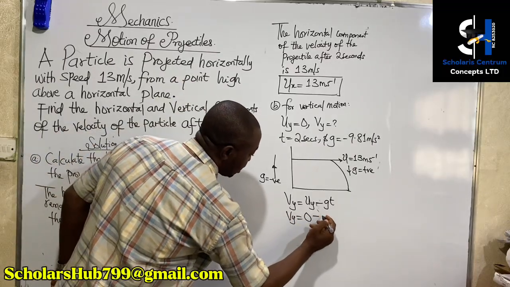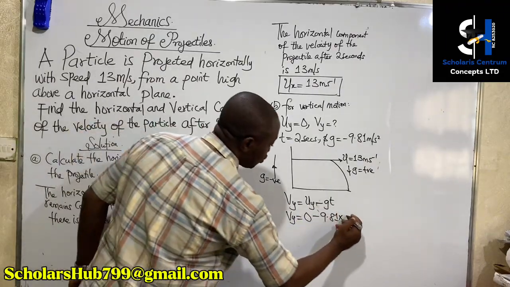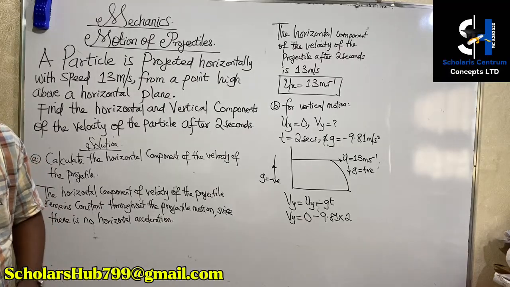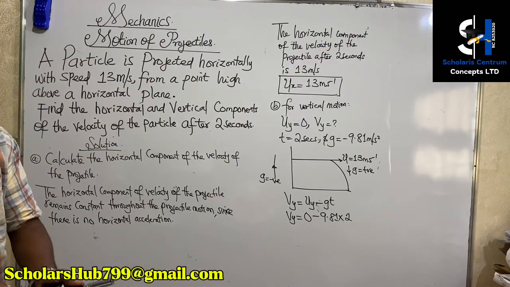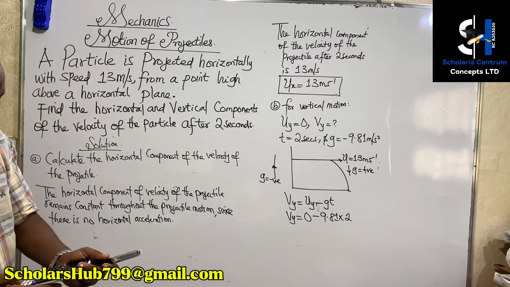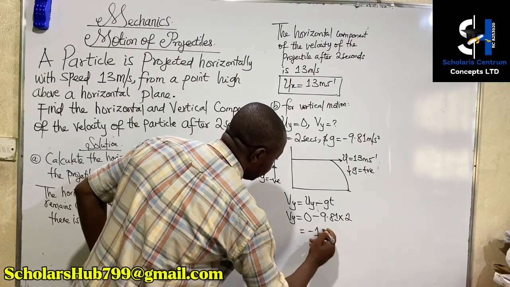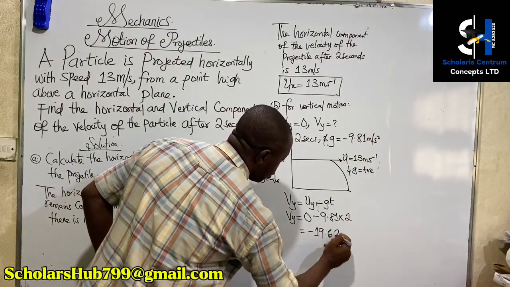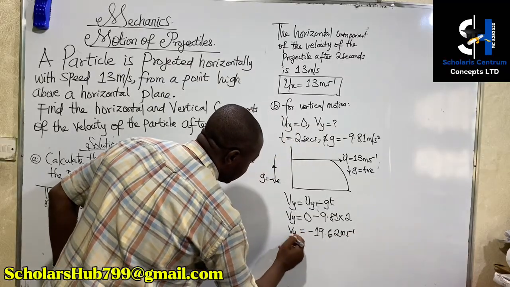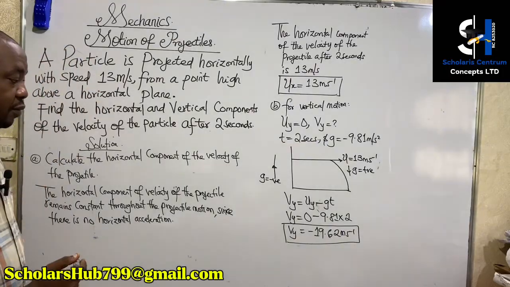This will be 0 minus 9.81 multiplied by 2, since the time given is 2 seconds. 9.81 multiplied by 2 is 19.62, so this will be negative 19.62 meters per second. That is Vy, the vertical component of velocity.